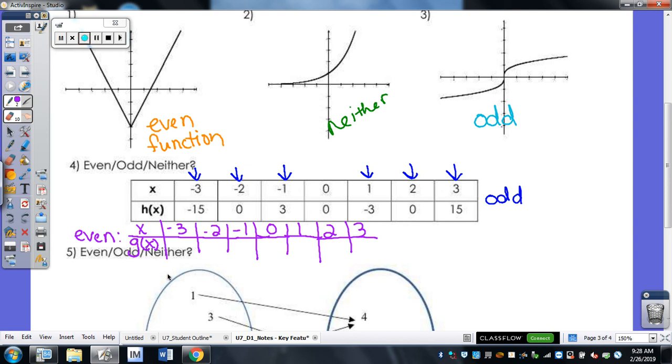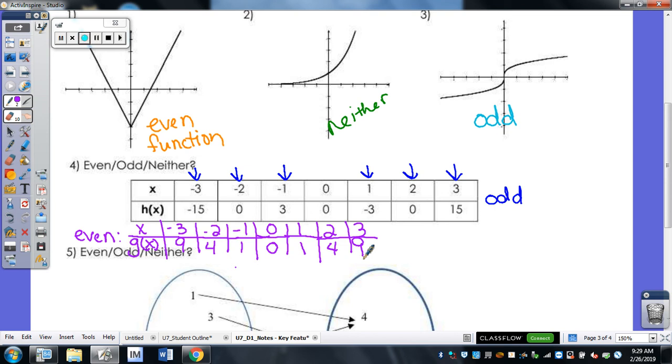So for an even table, what will end up happening? I mean, this one I'm going to have a vertex of 0, 0. But both my negative 1 and my positive 1 would give me the same number. They would both give me, for example, positive 1. My negative 2 and my positive 2 would give me the same number. My negative 3 and my positive 3 would give me the same number. That's an example of what an even table would look like.